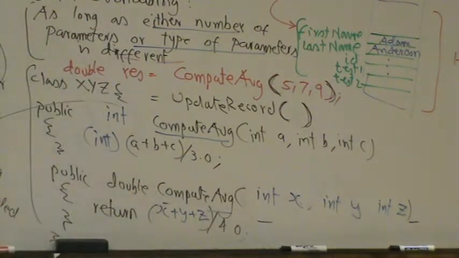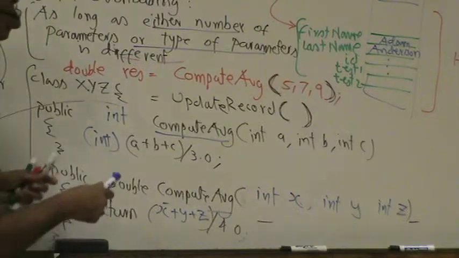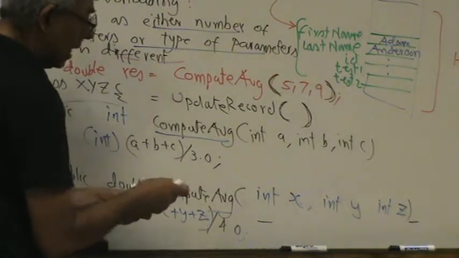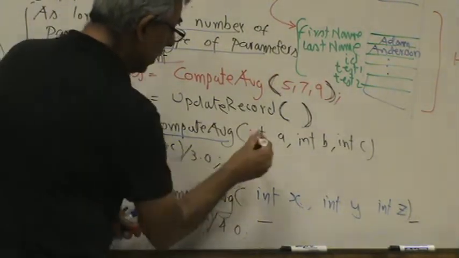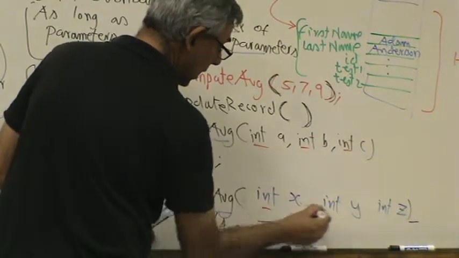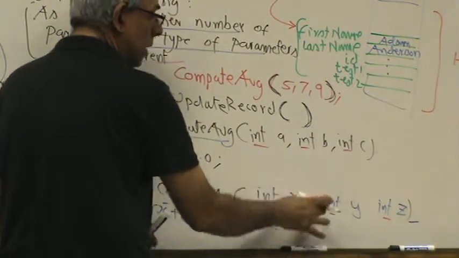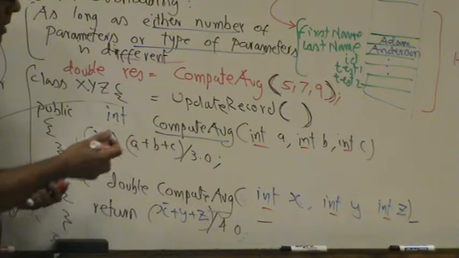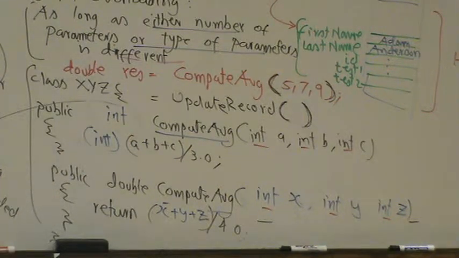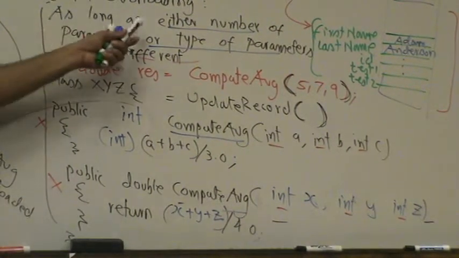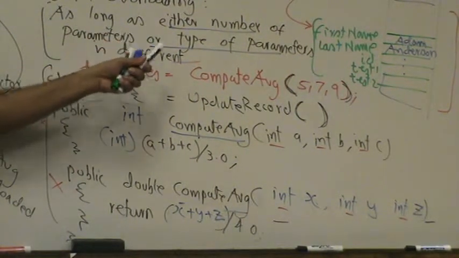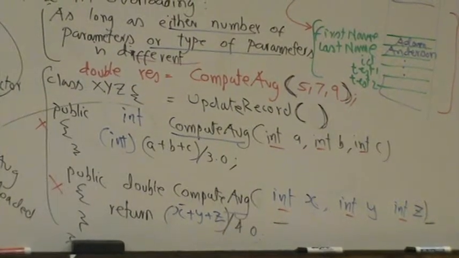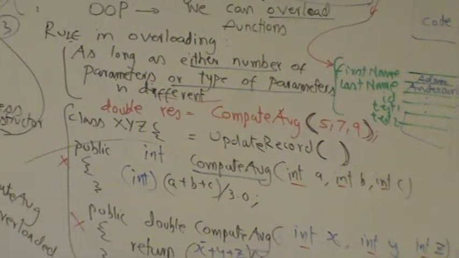No, still not, because it strictly goes by the type. And what is the type over here? Int. In 3 parameters, all of them ints. So they are the same data type, same number, so this is not correct. Once again, either the number of parameters has to be different or the type has to be different, then you can overload it as many times.